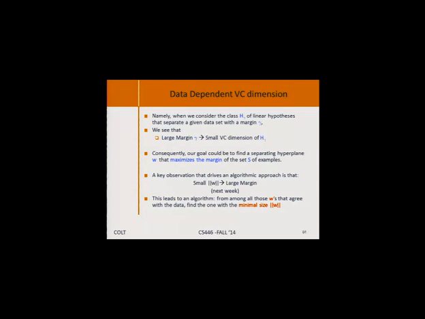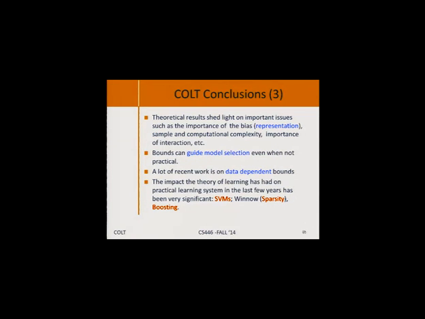OK, so why do I tell you all this? This is basically the summary of what we've done on learning theory. We talked about a lot of things, in particular about guiding model selection, which is what we've done now. We basically said, among all possible models that you could have chosen, this theory guides you on which one is going to do better. And in practice, it turns out that this theory actually led to a lot of good things. We talked a little bit about the theoretical questions that led to Winnow.